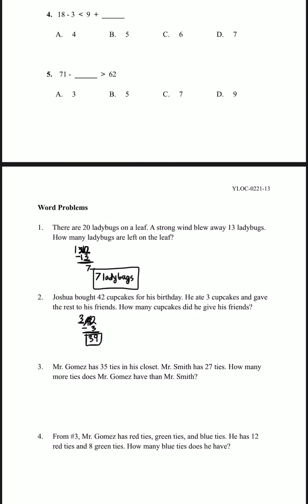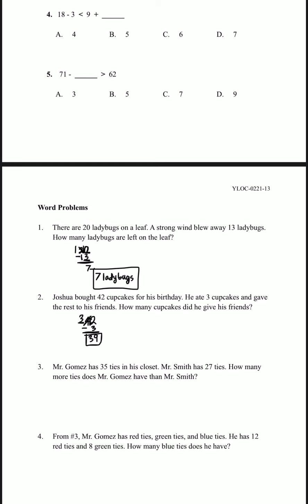Let's look at number 3. Mr. Gomez has 35 ties in his closet. Mr. Smith has 27 ties. How many more ties does Mr. Gomez have than Mr. Smith?